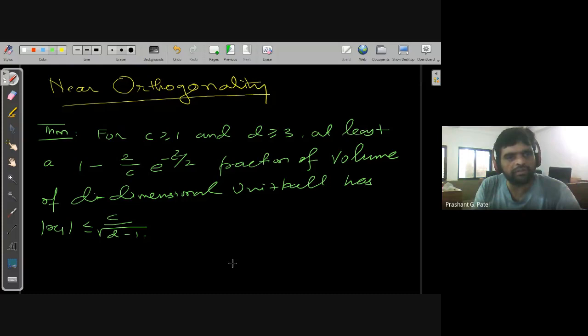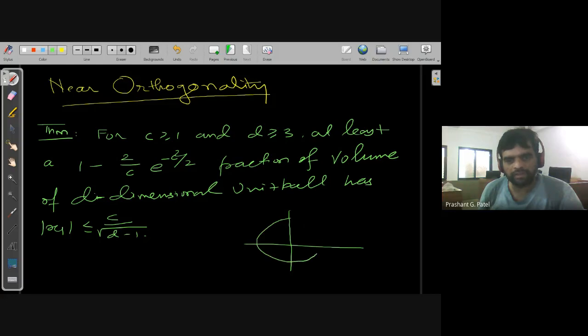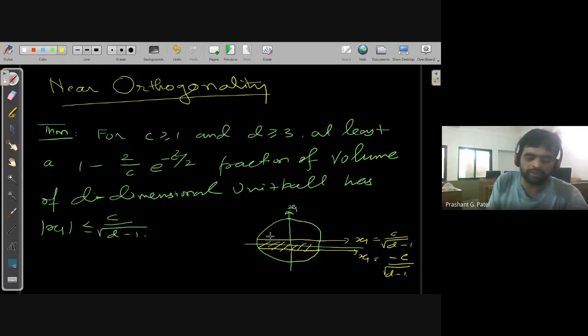That means we discussed this theorem, which tells you that if you have a unit ball in d-dimensional space, and this is your north pole, if I fix the north pole with the x1 axis, then most of the volume is in between these two planes, x1 equals c upon square root of d minus 1 and x1 equals minus c upon square root of d minus 1. We discussed that in the previous lecture.